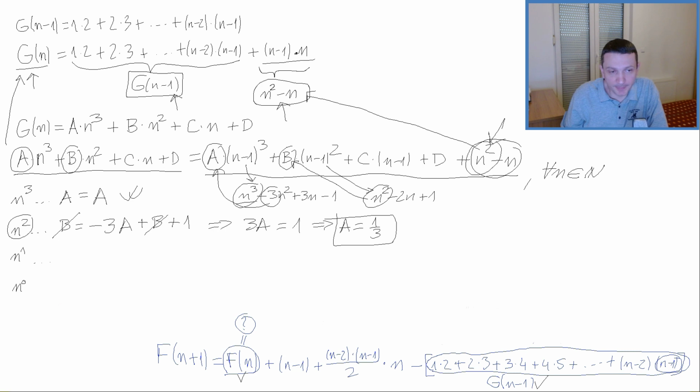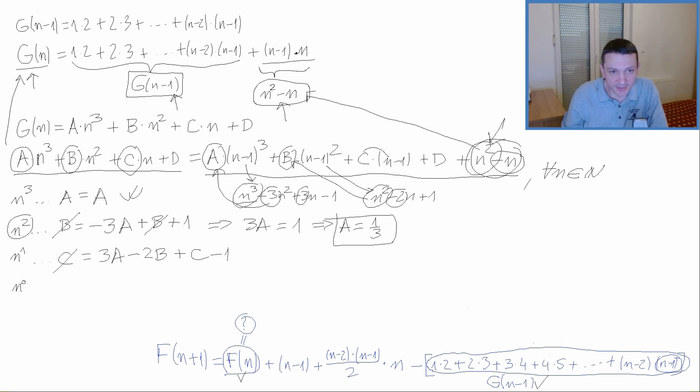Then we look at what happens in front of n. On the left hand side we have c in front of n, and on the right we have this 3 times a, 3a. We have this minus 2 times b, minus 2b. We have this c times n, so plus c. And finally we have this minus n at the end, so this is actually minus 1.